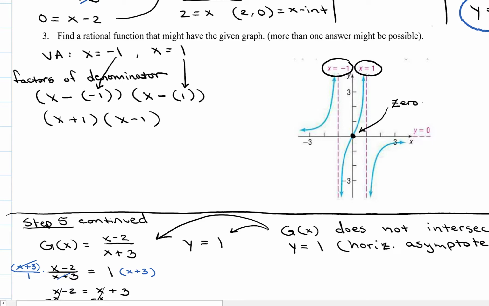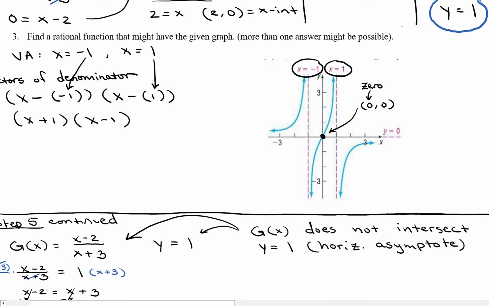I also have a 0 here, right? A 0 is the x-coordinate of the x-intercept. So I'm going to make sure that that is also reflected in the numerator part of my rational function. And because it's actually crossing the x-axis at this x-intercept, it's not just touching or bouncing off, I'm going to make sure that when I write this factor of x in the numerator, it's got to have a multiplicity that's odd.